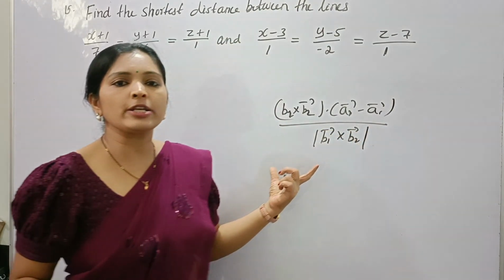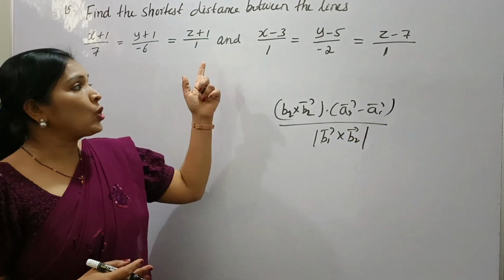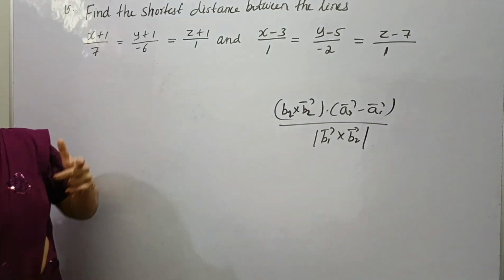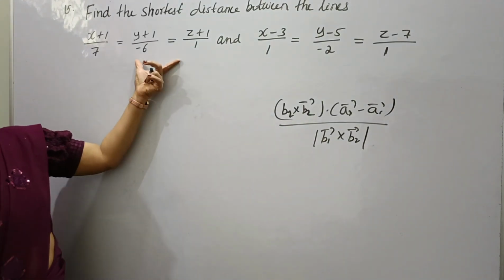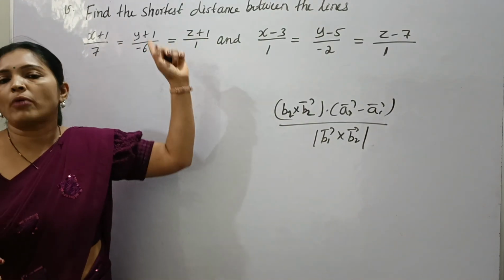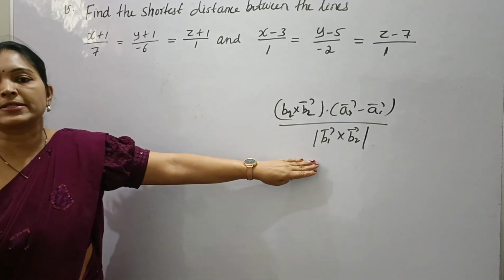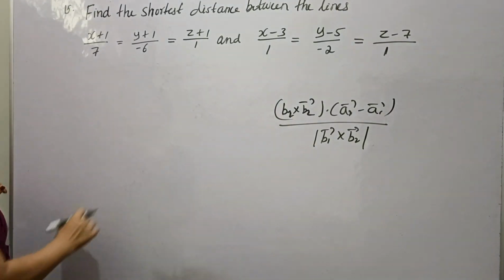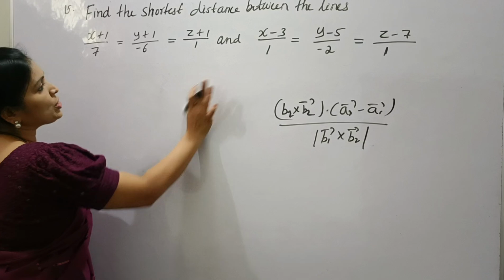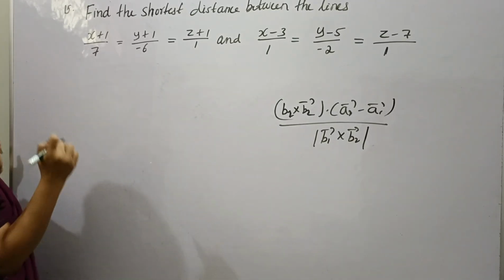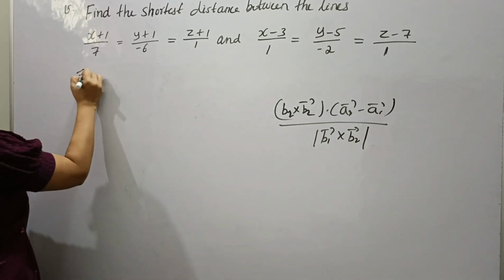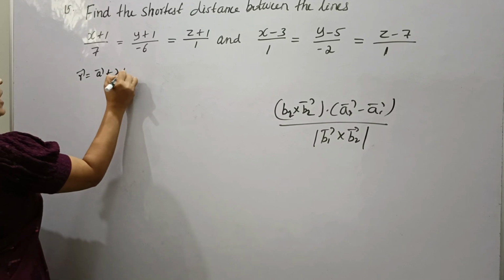So it is enough to memorize only this formula. Okay. So here it is better to apply the second method, that is, you just convert this Cartesian form to vector form, then apply this formula. So here, first of all, let's write these equations in vector form, that is, vector r is equal to vector a plus lambda vector b.